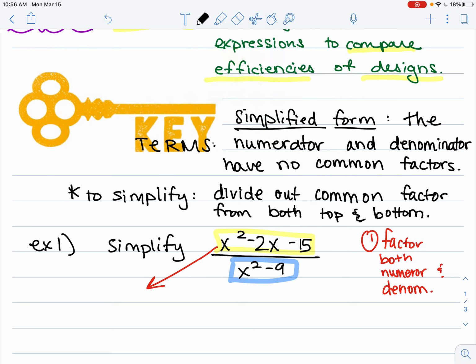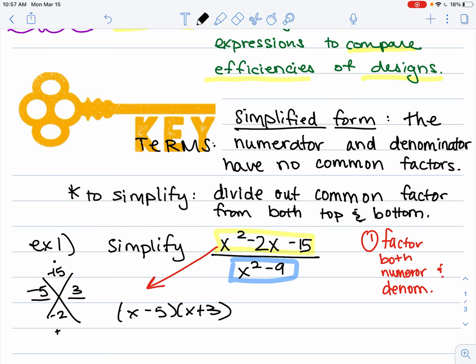If I've got x squared minus 2x minus 15, that's a trinomial, so I can use my x factoring method. What multiplies to negative 15 that adds to negative 2? Well, I know 5 and 3 will multiply to 15, and if 5 is a negative, that will add to a negative 2. So I'm going to factor this down to x minus 5 times x plus 3.